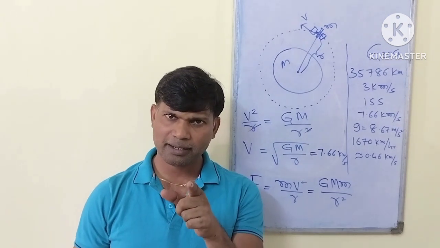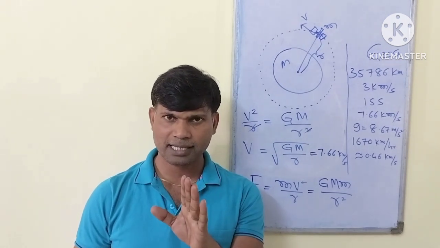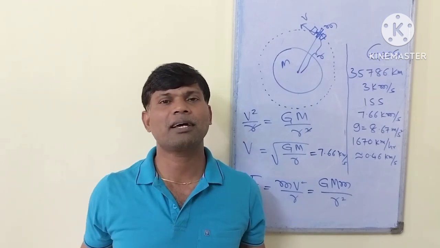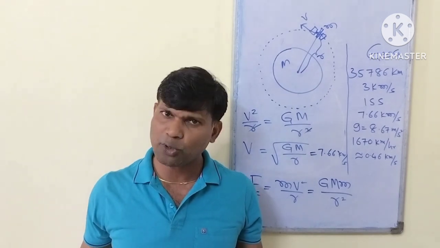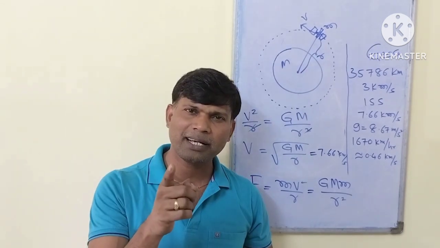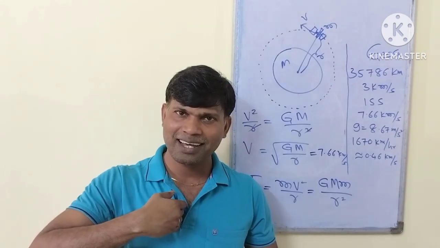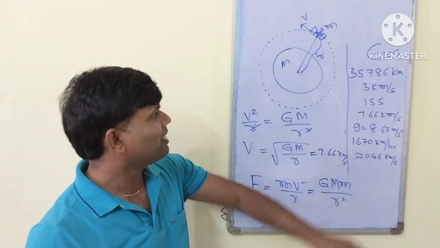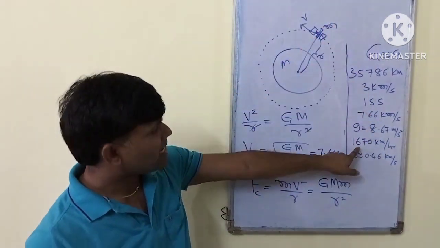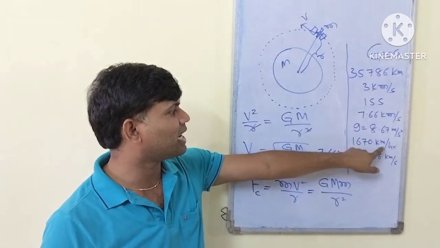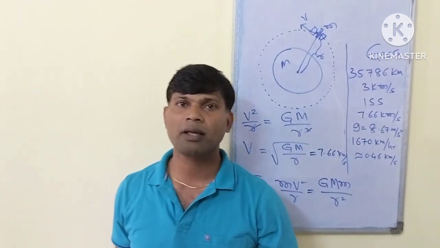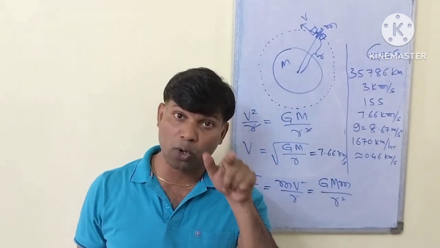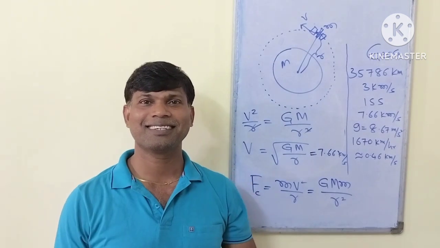Earth is rotating about its own axis. I am also rotating. Each and every particle on the surface of the Earth, which is at the equator, is rotating. Then what is my speed? My speed presently, your speed also, is 1670 km per hour. 1670 km in 1 hour.